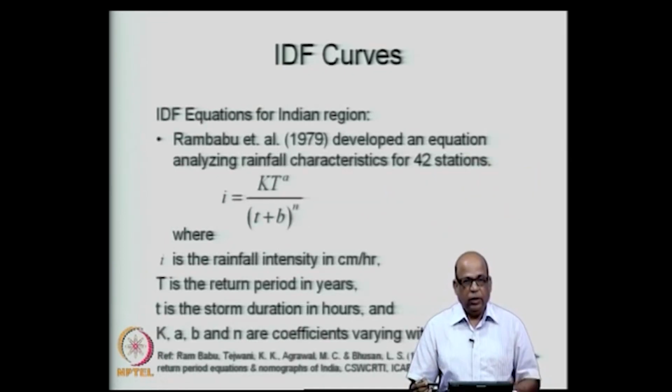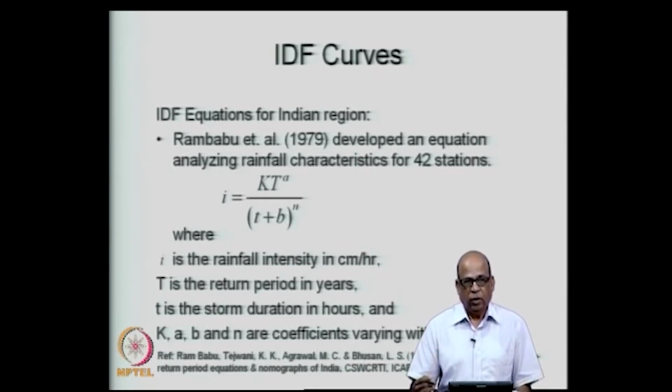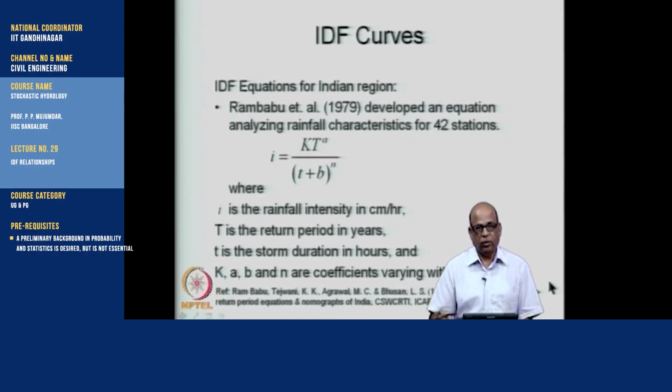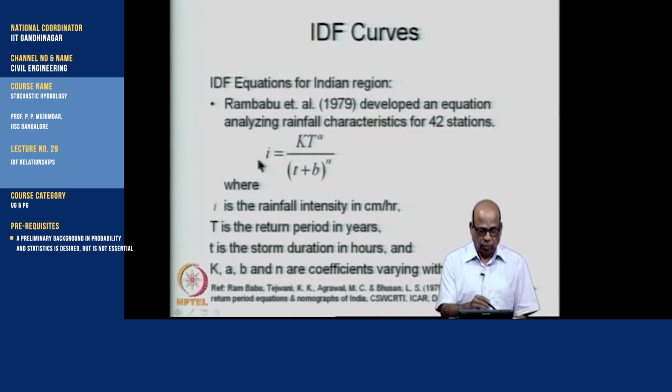Then for the Indian region, there are some empirical relationships that are available. I will provide specifically two of them. One is Rambabu et al. in 1979. Now, they have provided for various regions in the country the constants in this particular expression.